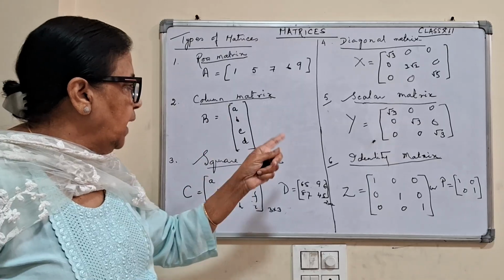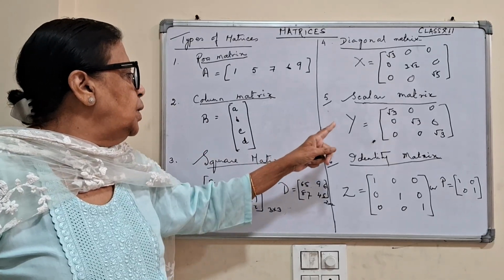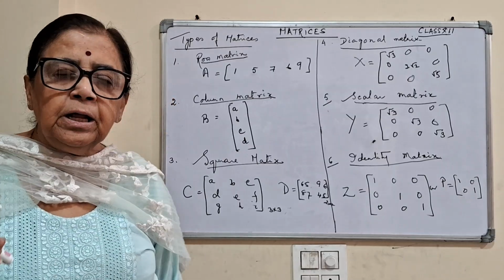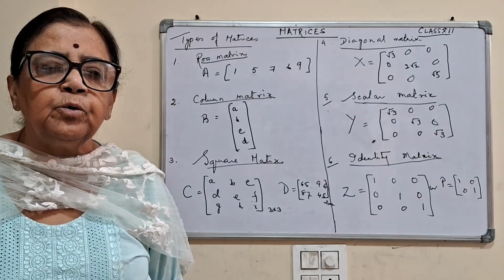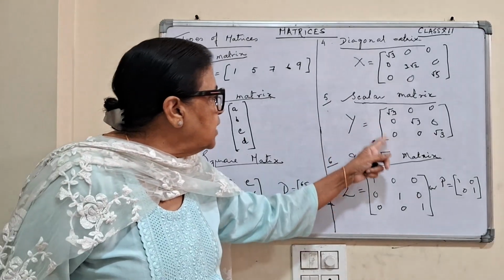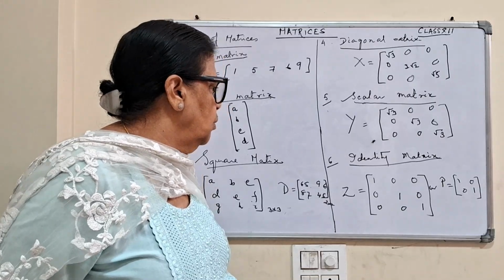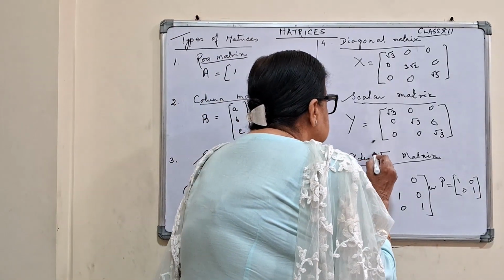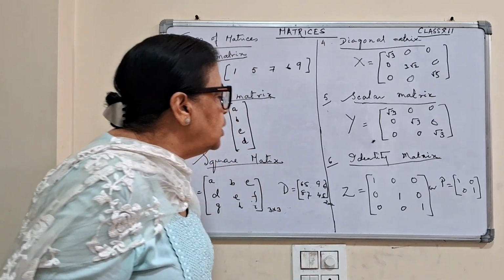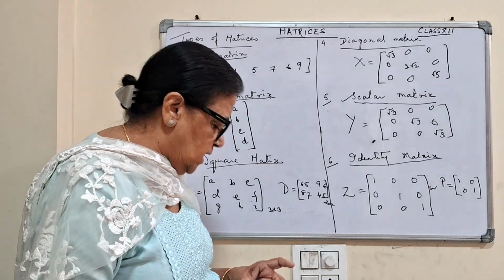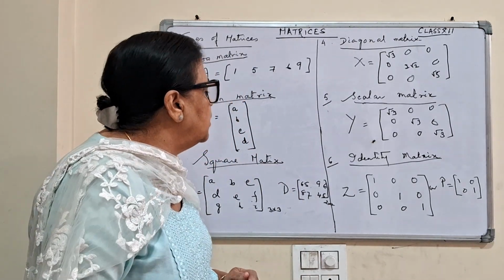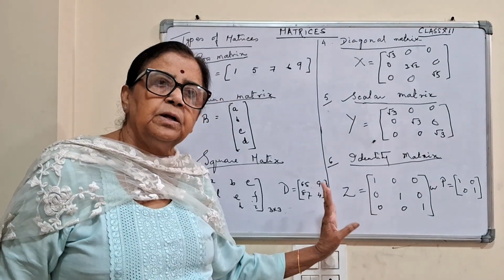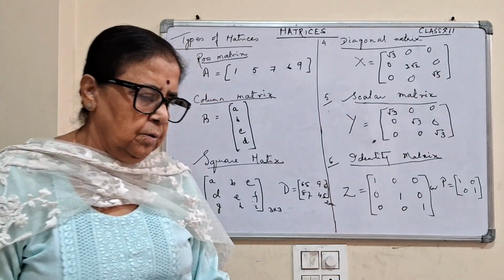Then comes the scalar matrix, where diagonal elements are all equal, root 3, root 3, root 3, and the rest of the elements are 0. The identity matrix has only diagonal elements 1, 1, 1 and the rest of the elements are 0, 0, 0.